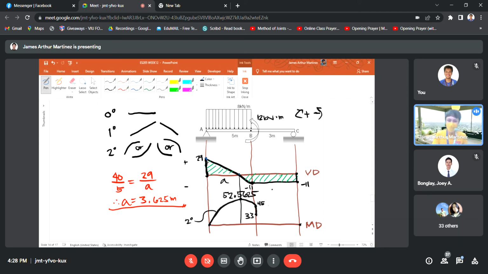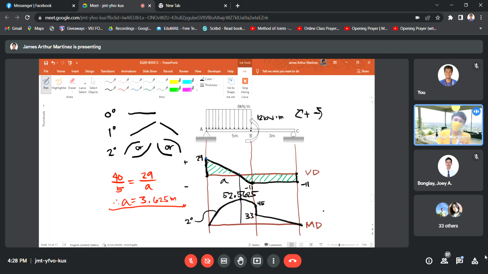So we follow this convention. In the shear diagram, you have 0 degree, a straight line, meaning the moment diagram is first degree. Either of these conventions or directions, but obviously we will adapt decreasing since we are connecting it.